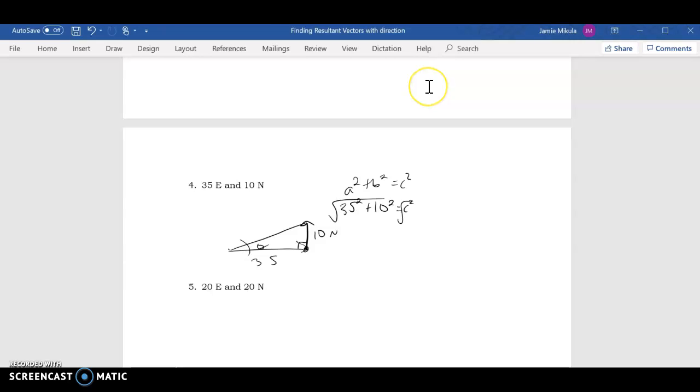Take the square root of both sides, and you get 36.4. Okay, and then to find the direction, tan to the negative 1, opposite is 10 over adjacent is 35. So tan negative 1, 10 divided by 35 gives you 15.9, so I'll say at 16 degrees.